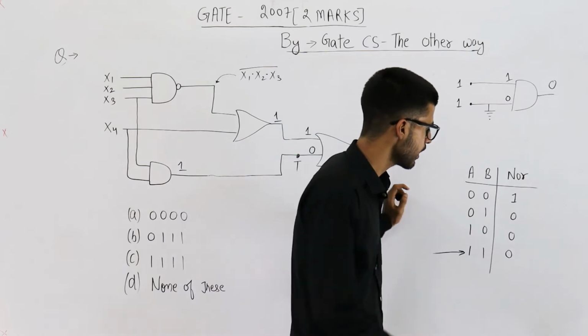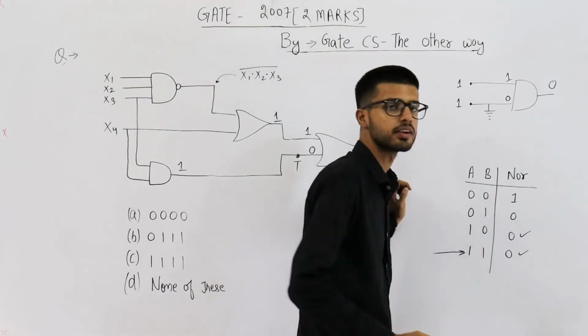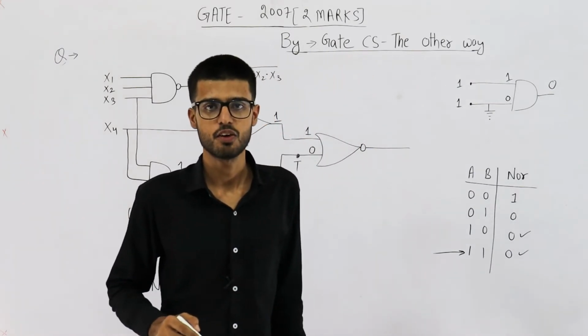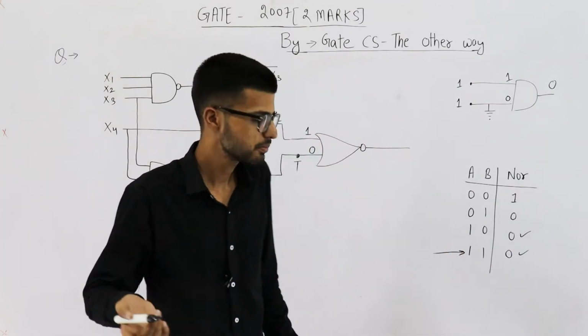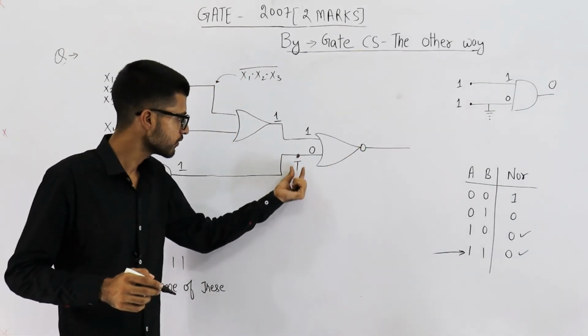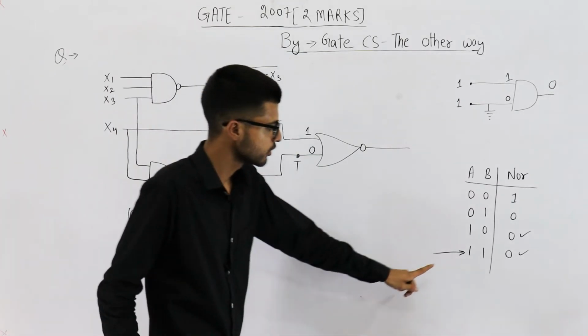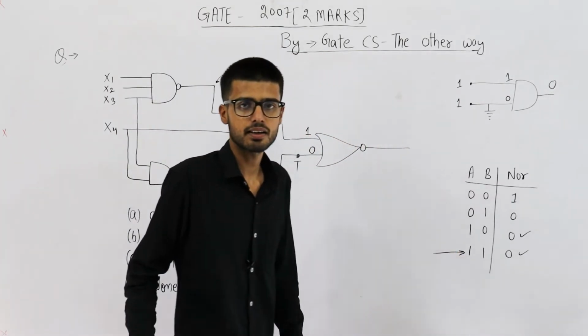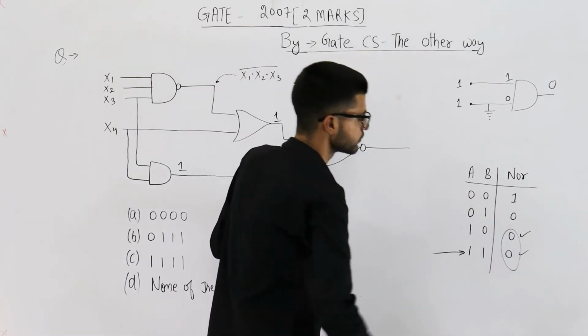On 1, 0, the output is 0. On 1, 1 also, the output is 1. We can't actually detect the fault because the expected output is similar to what we are getting, even though this fault still exists. That means using 1, 1, we cannot detect this fault because in both of the cases, the output is same.